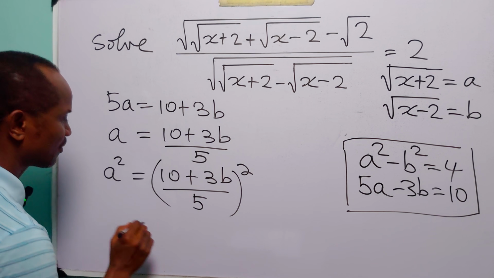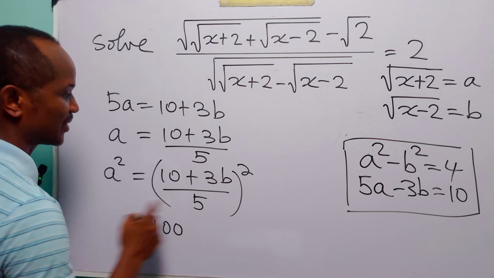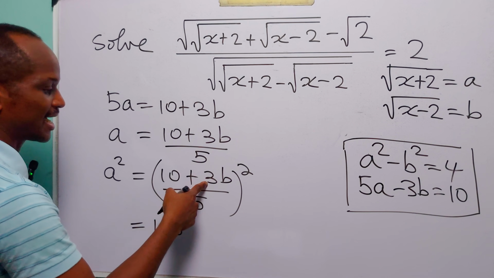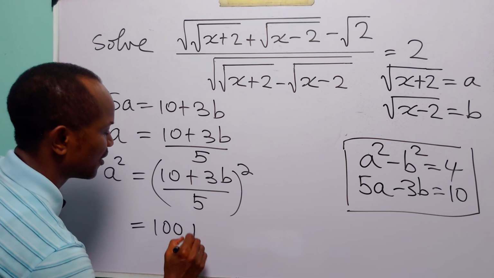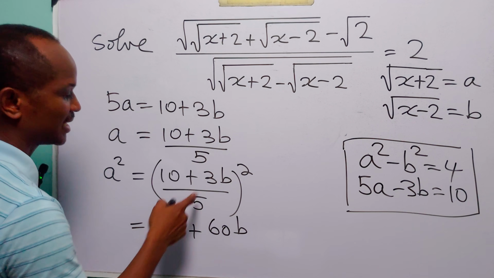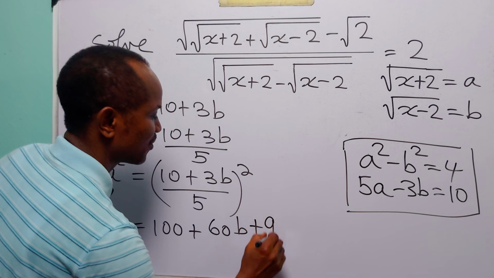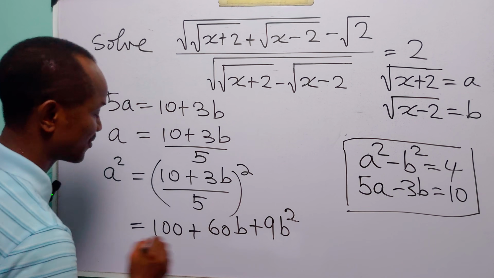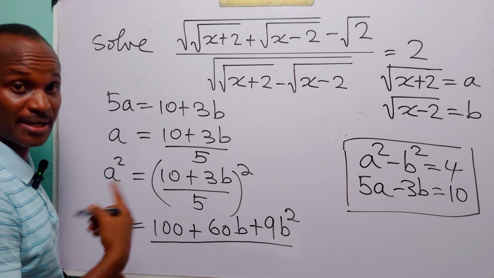Now this is equal to 10 squared, which is 100. Then we have 2 times 10 times 3b, that is going to give us plus 60b. Then we have 3b squared, which of course is equal to 9b squared, all divided by 5 squared, which is 25.